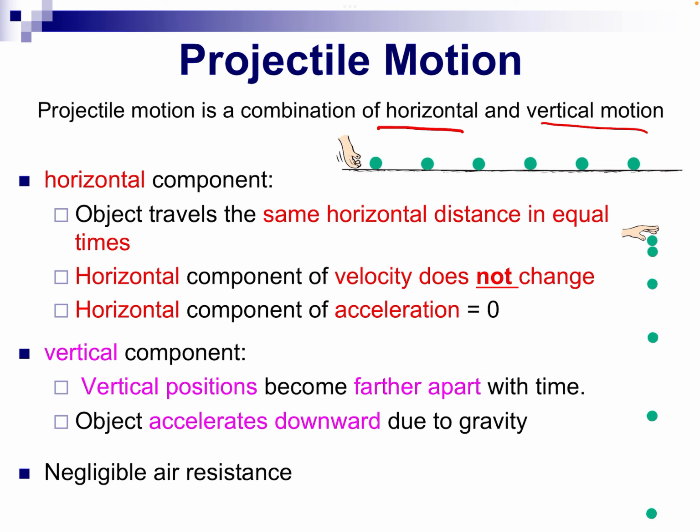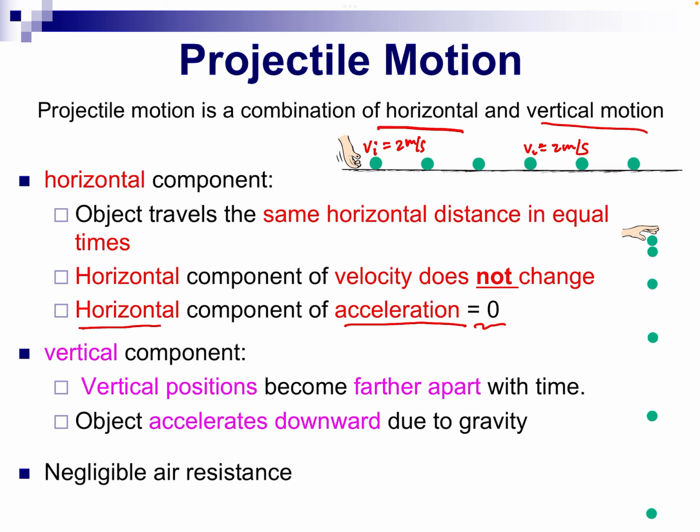It's always the same. If you threw the ball horizontally with some initial horizontal velocity of say 2 meters per second, then at each point along the horizontal motion, the horizontal velocity will always be 2 meters per second, regardless of where the ball is horizontally. That means, therefore, that the acceleration along the horizontal will always be equal to 0.